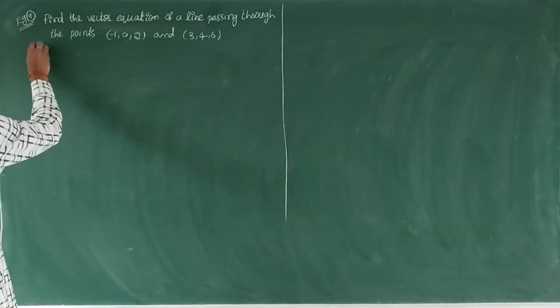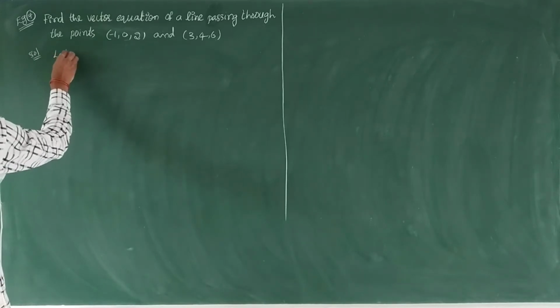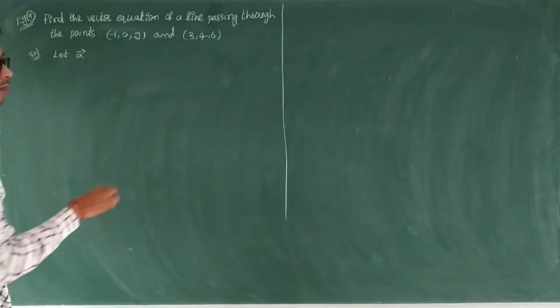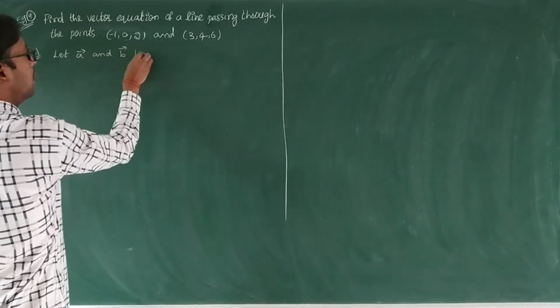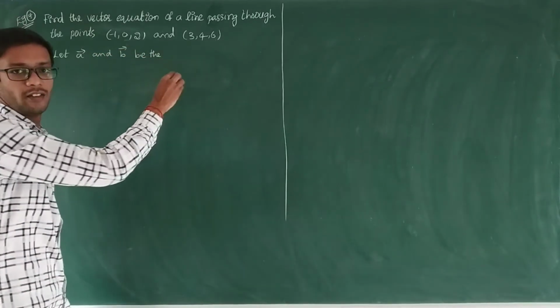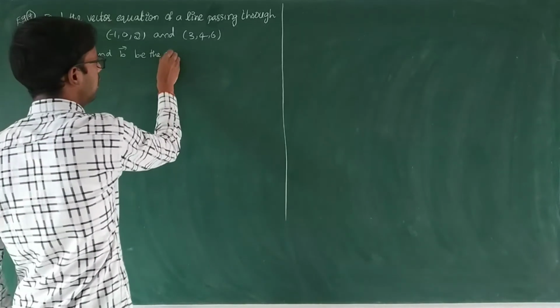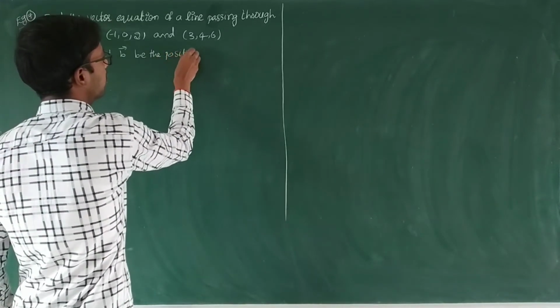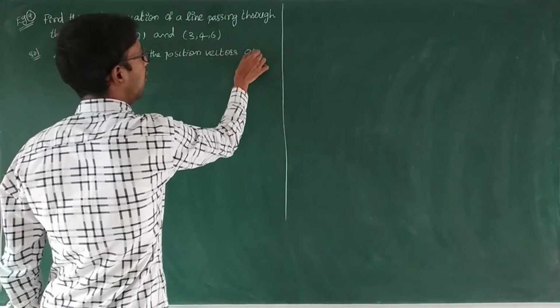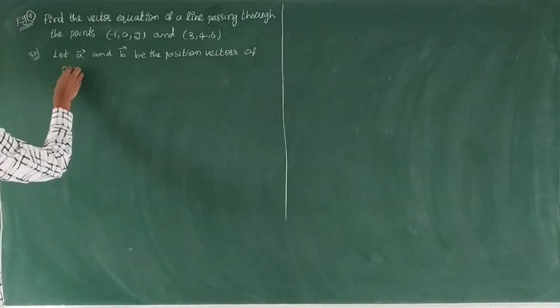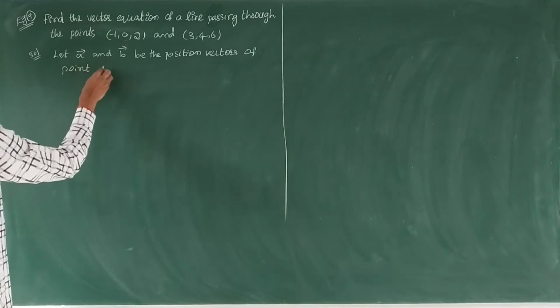Solution: let A bar and B bar be the position vectors of points A and B, 3, 4, 6 respectively.